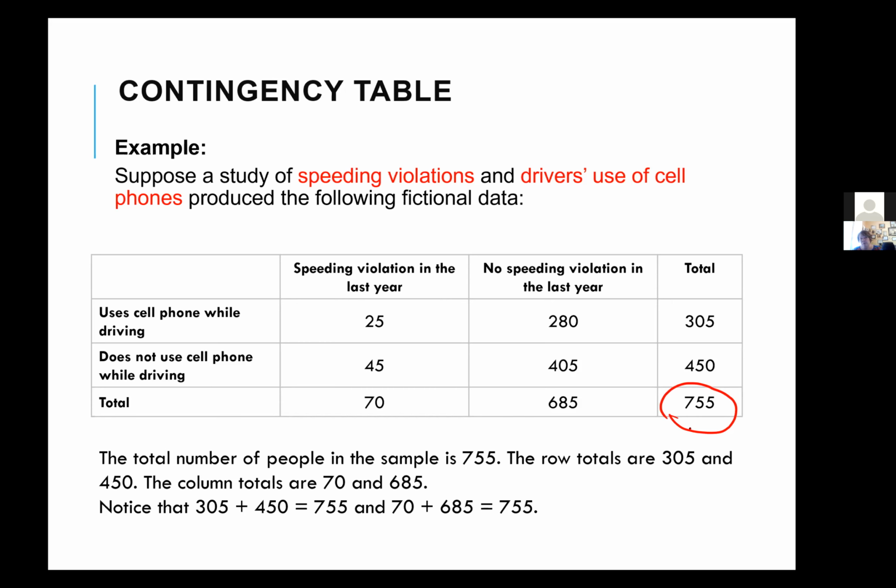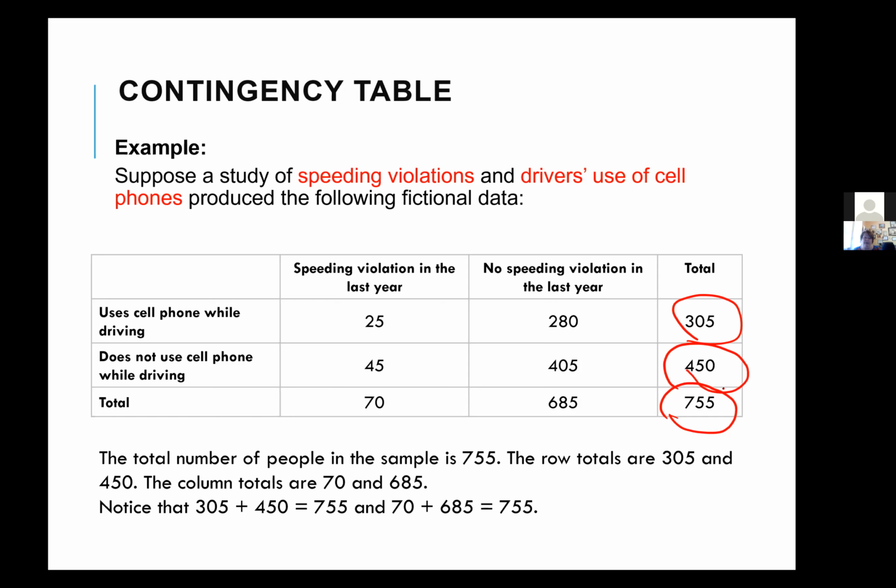The first row in this table is the people who use cell phones while driving. So 305 people out of the 755 used a cell phone while they were driving. The people who didn't use a cell phone is the second row. So there are 450 people who do not use a cell phone while they drive.